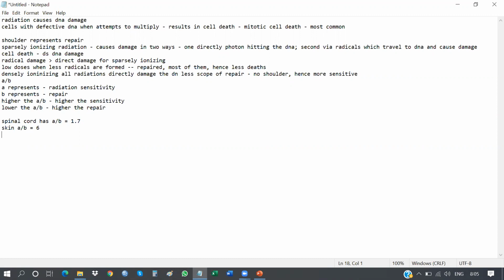So if we give radiation, early skin change is going to be there, and late effects can be seen in the cord. So the alpha by beta ratio in itself has no meaning, but if you compare it with the alpha by beta of another tissue, you will get lots of information, and it will help you decide what type of radiation you want to use.